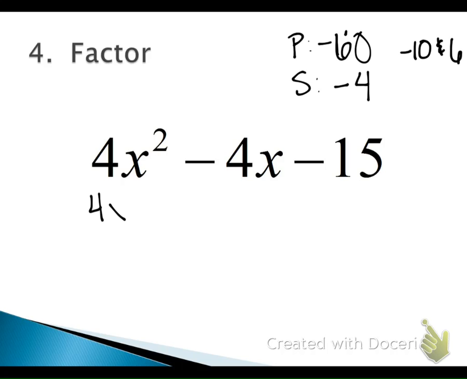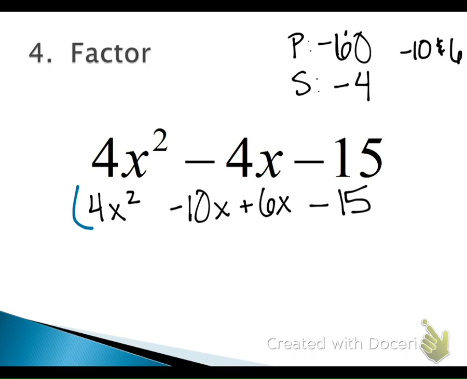Turns into... then I'll group the first 2, last 2. You keep cruising if you didn't realize it was negative 10 and 6.